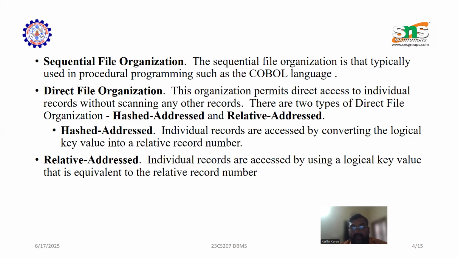After completion, the record is sent back to the same place, the medical record room. This is one way to maintain records based on my ID number. So relative address means individual records are accessed using a logical key value that is equivalent to the relative record number, for example, my ID number.